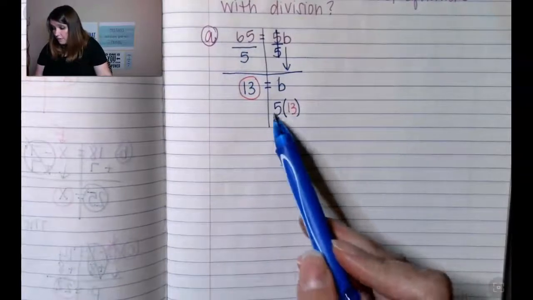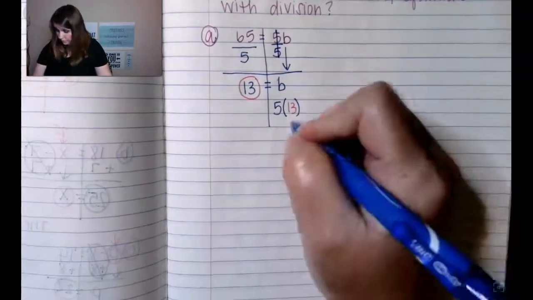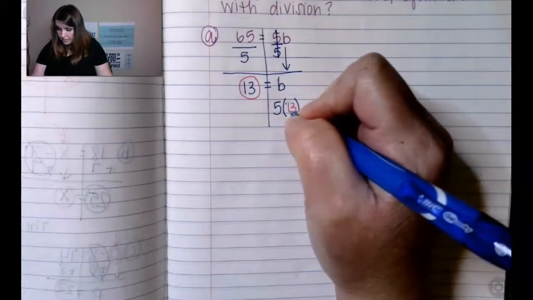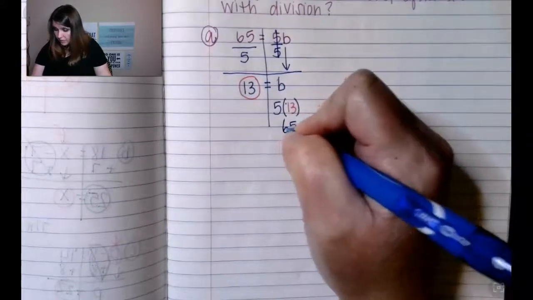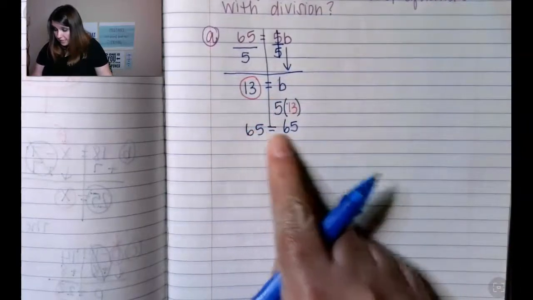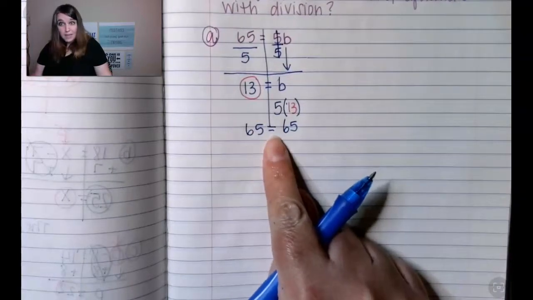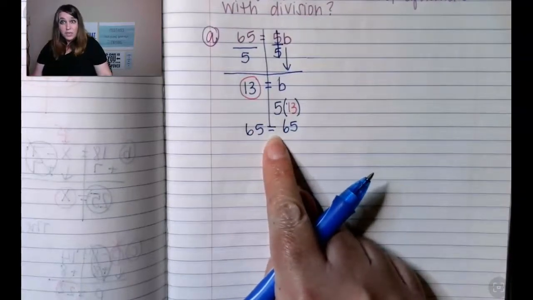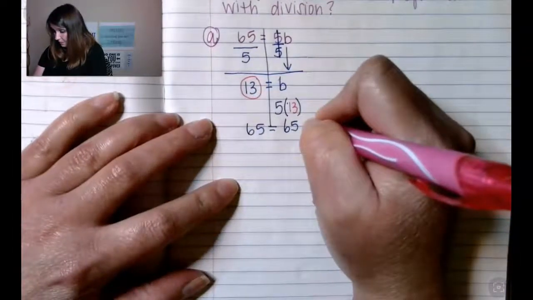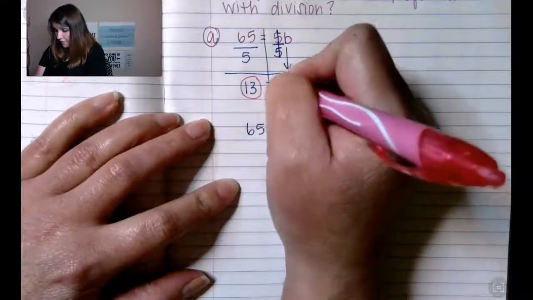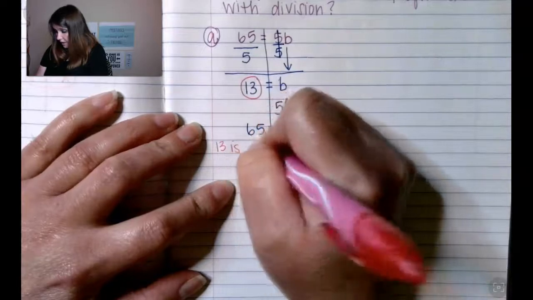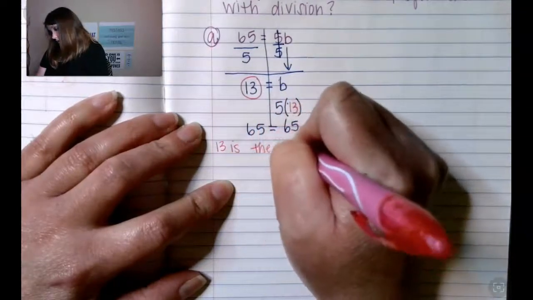I know that 5 times 3 is 15, and carry the 1. 5 times 1 is 5, plus 1 is 6. So 65 is equal to 65, and it is balanced. So yes, when we say b equals 13, 13 is the solution.